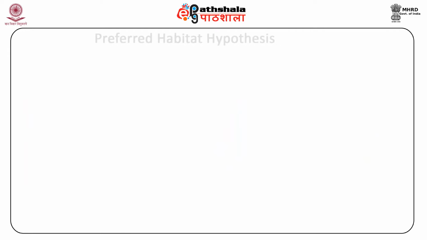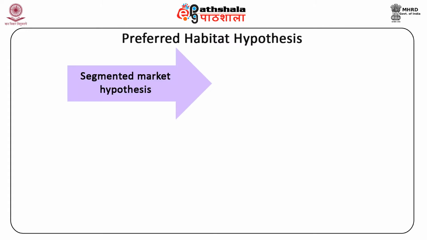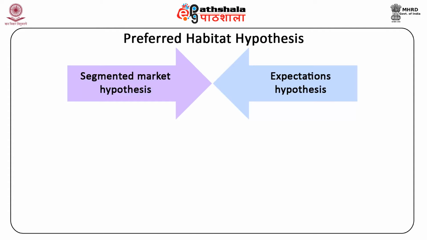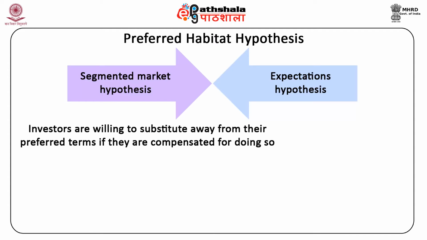Preferred habitat hypothesis. The preferred habitat hypothesis combines important characteristics of both the segmented markets and expectations hypotheses. The hypothesis says that while investors have a preference for bonds of a given term, they are willing to substitute away from their preferred terms if they are compensated for doing so.